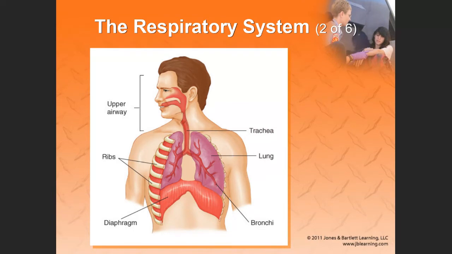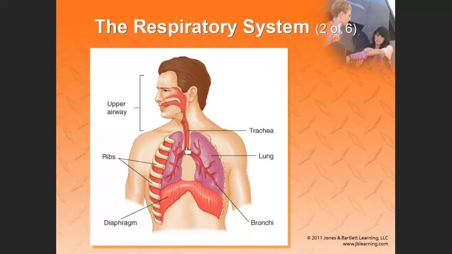There's a space between the lungs where the heart and major blood vessels sit. That is referred to as the mediastinum. Just below the lungs, you have the diaphragm, which, as I mentioned before, is a very important skeletal muscle to the process of ventilation, breathing in and breathing out, the mechanical action of breathing.